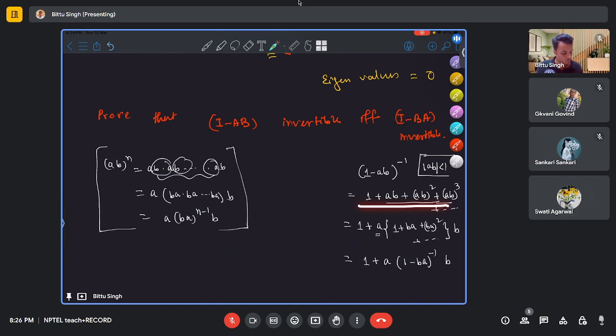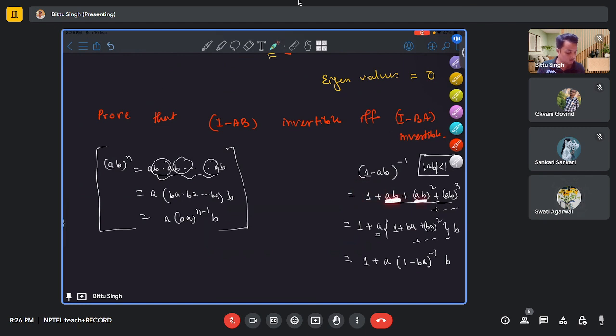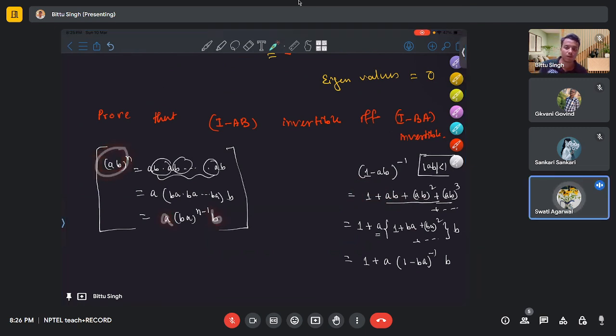Yes. Now we have separated the first one. And we are taking common from this ab to the power n. We are taking common a and b in the left side and the right side. Yes, sir, but on the left what you are showing in the square brackets is a product, but on the right hand side what we have is a sum like ab plus ab square plus ab cube, like that.